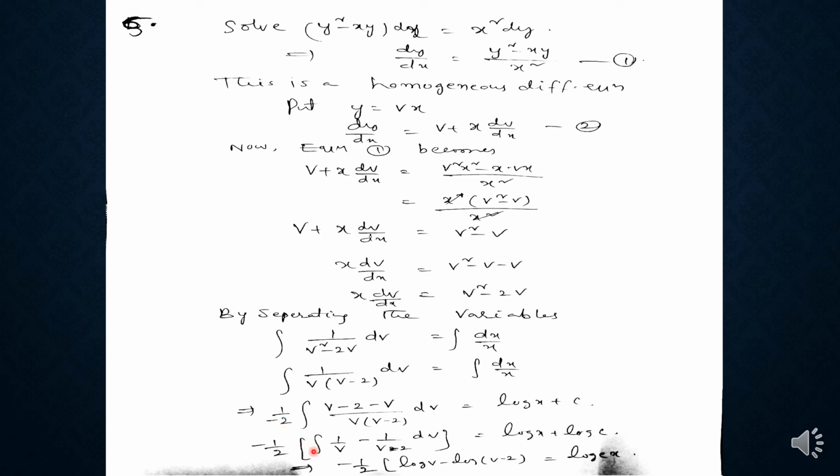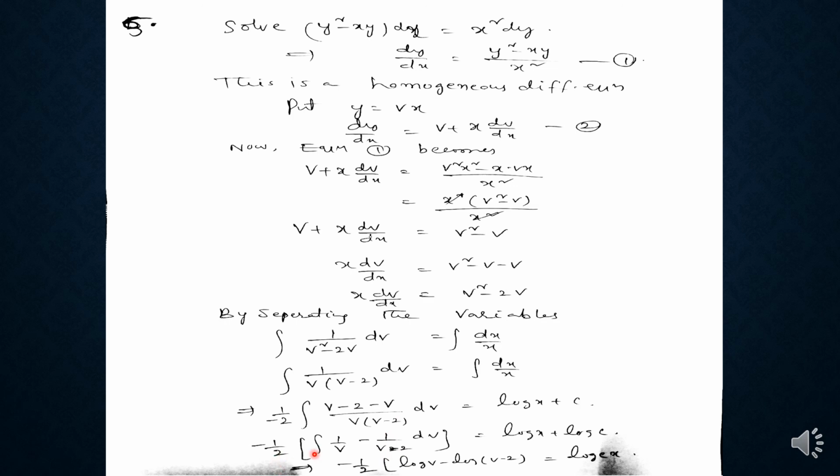So −1/2 times, this can be separated into two terms: (v − 2)/(v(v − 2)) minus v/(v(v − 2)). In the first term the v − 2 gets cancelled, 1/v will remain, and the second term is minus 1/(v − 2) dv.